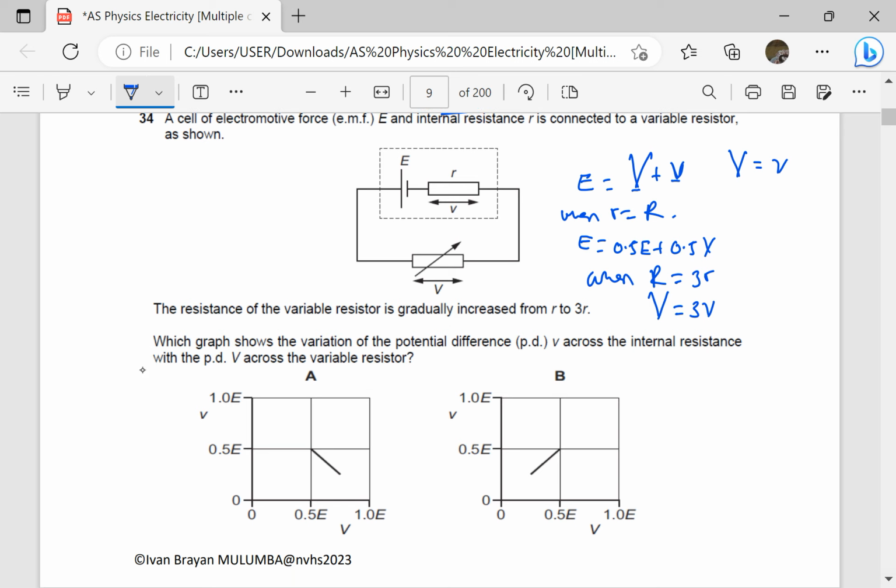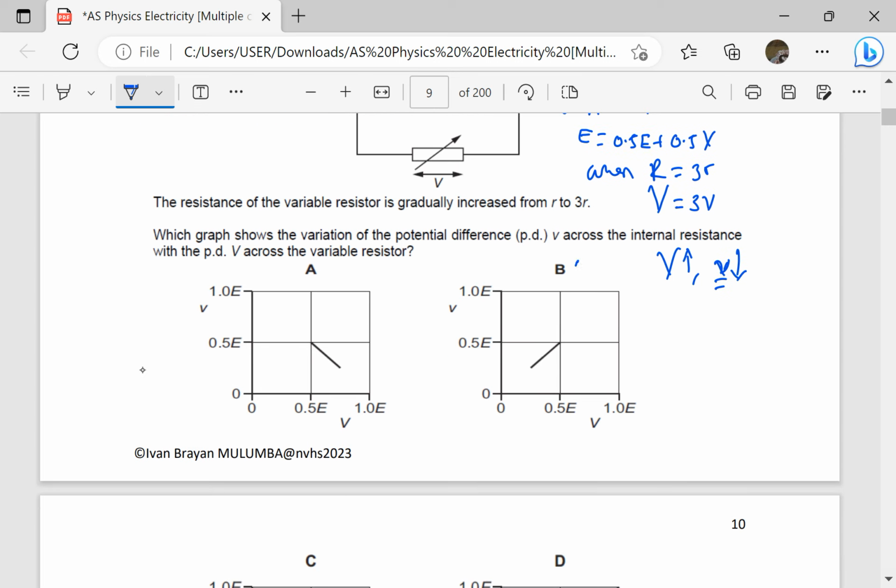As the resistance of the variable resistor increases, the PD across it is going to be increasing. But as capital V increases, small v must be decreasing. Therefore, the graph should be decreasing.